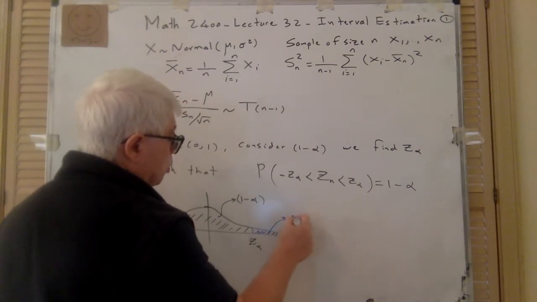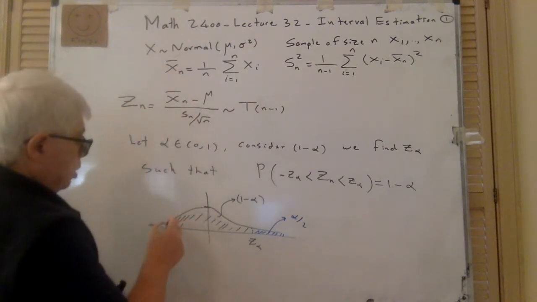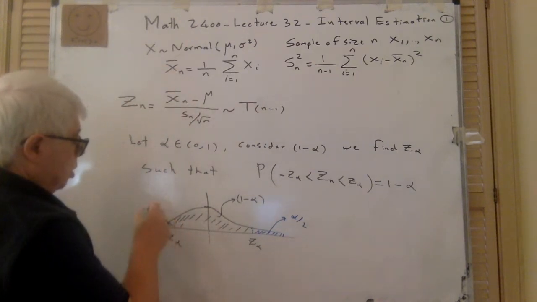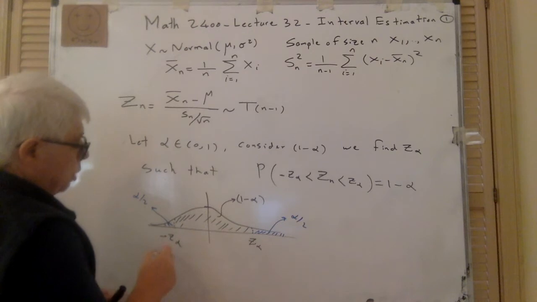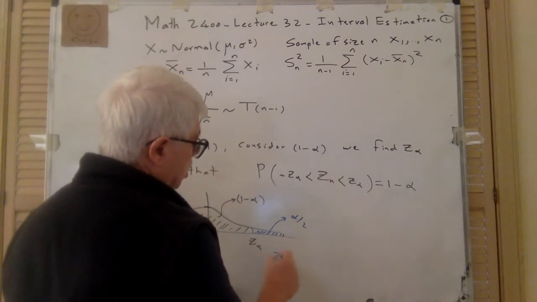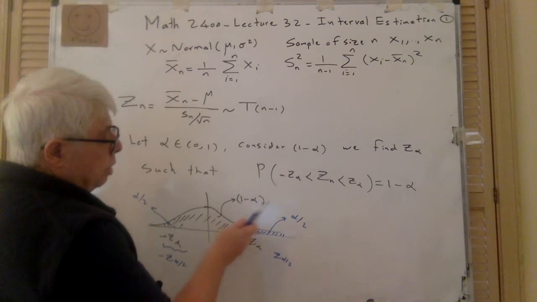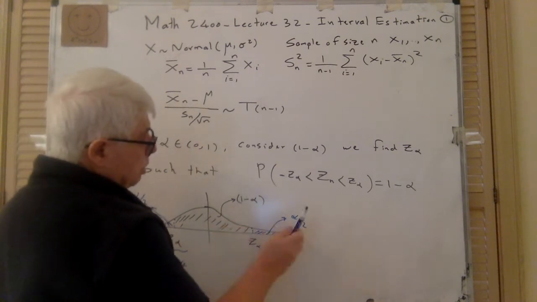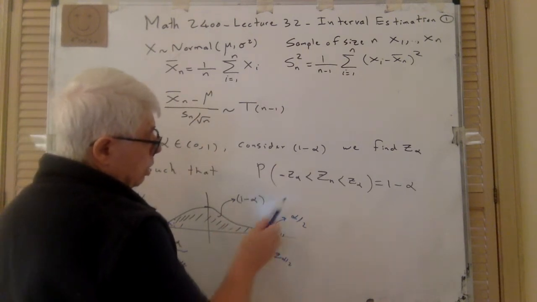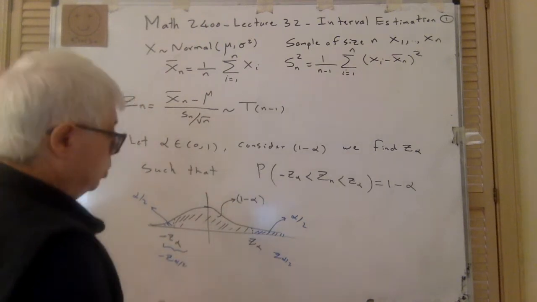This is alpha over 2, and this area is also alpha over 2. Sometimes this Z alpha is denoted as Z alpha over 2. So if you see that as alpha over 2, maybe it makes more sense, because the area after this is in fact alpha over 2.